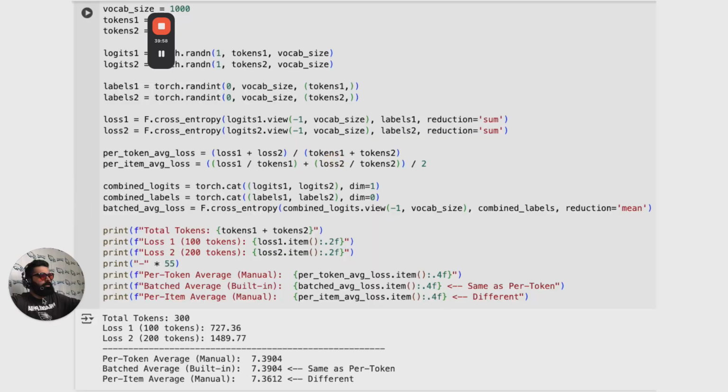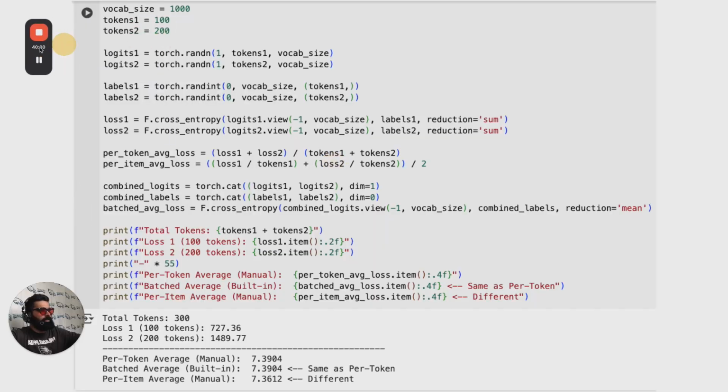Looking at it with code, let's say I have some logits, random numbers, 100 tokens for logits 1, 200 tokens for logits 2. I create some random labels. I calculate the sum loss for item 1 and the sum loss for item 2. And then I do the two calculations.